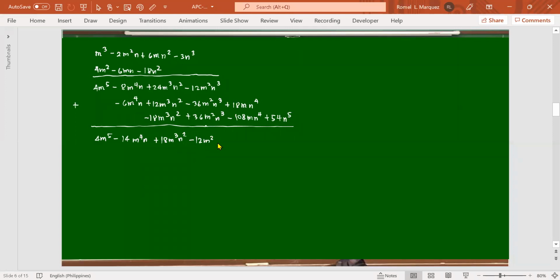Negative 12m squared n cubed. 108. Right? So 18 minus 108, negative 90. And then bring down 54. Question, children? Wala po, sir. Okay.